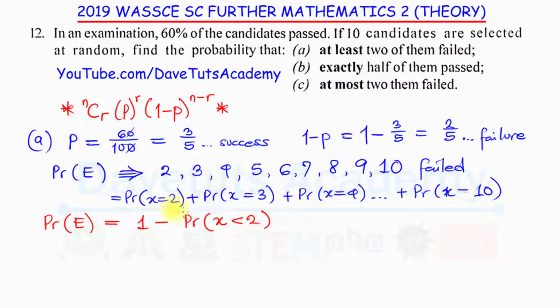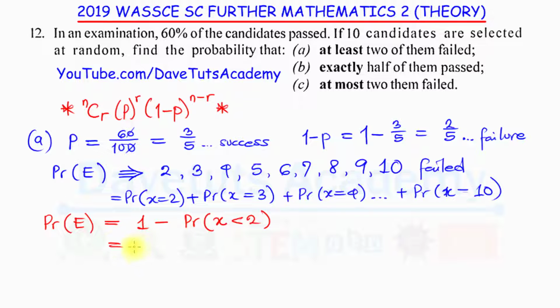Why are we saying x less than 2? You can see here it is x is equal to 2, x is 3, x is 4, up till x is 10. That is what we have expressed here. 2, 3, 4, 5, 6, 7, 8, 9, 10 are the case scenarios in which they fail. So the other scenarios will be the scenarios in which 0 failed or 1 failed. That is x less than 2.